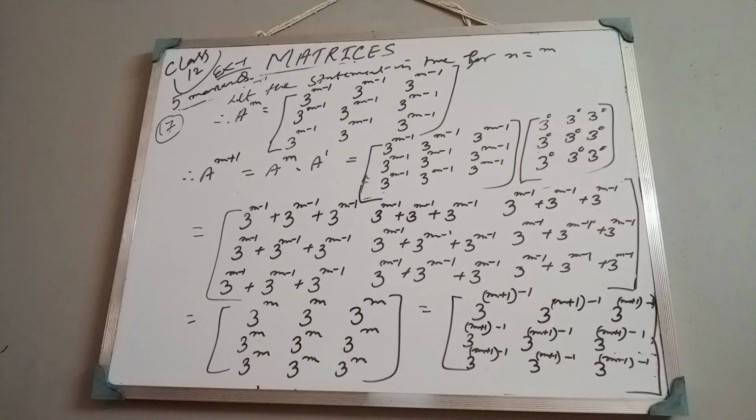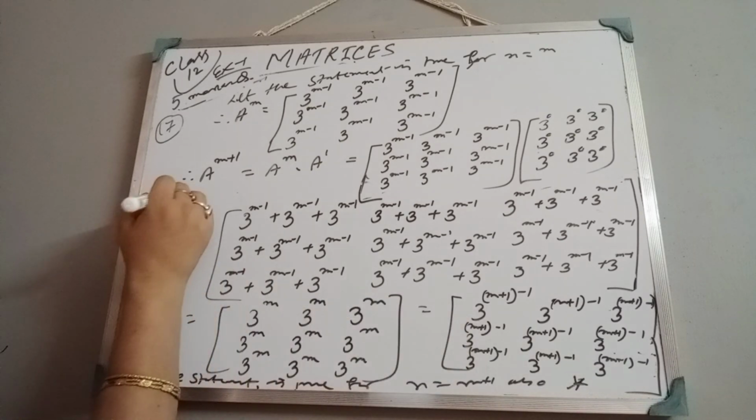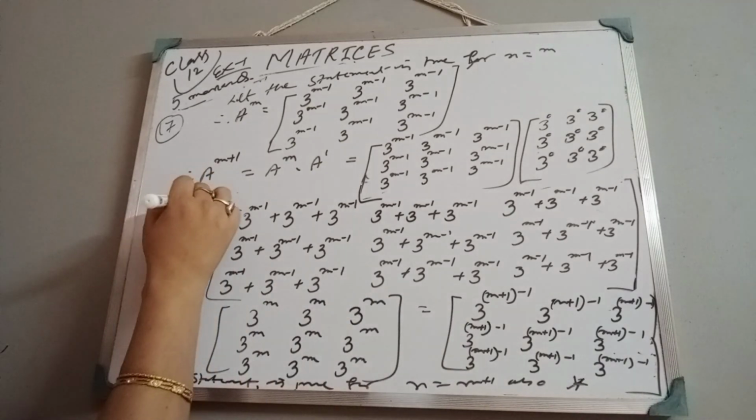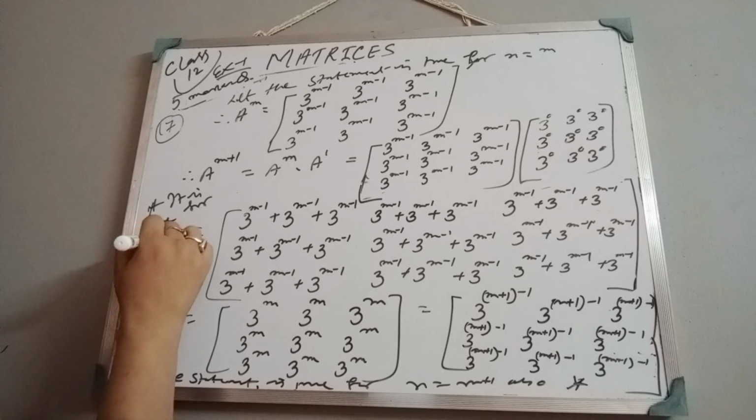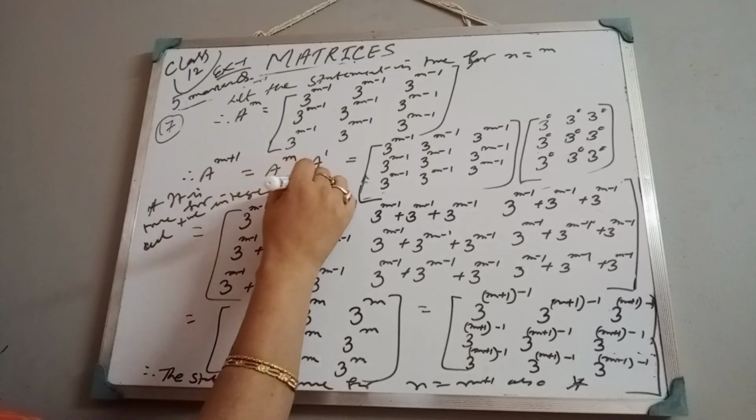So 3 to the power m plus 1 minus 1, therefore the statement is true for n equal to m plus 1 also. Therefore it is true for all positive integers. Proved.